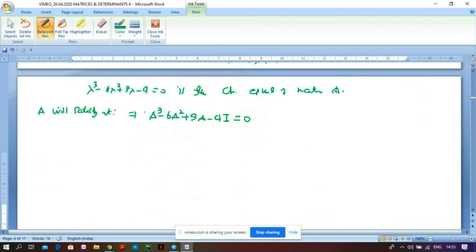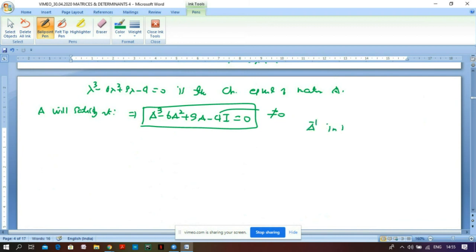And now we have ended up with a polynomial in A. We want A inverse. This constant term being not 0 tells you that A inverse indeed exists. Otherwise, it wouldn't. And so I can write A cubed minus 6A squared plus 9A, and I would like to write 4I on the left side. So 4I equals this. I can multiply with A inverse.